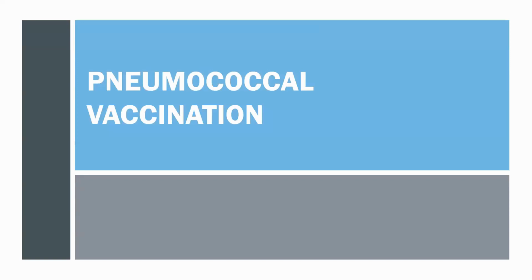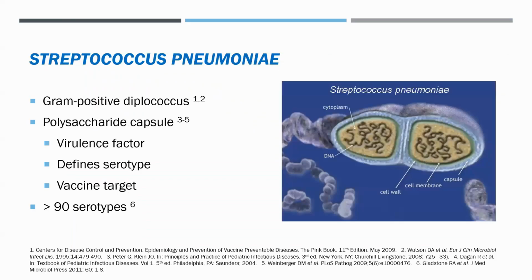So let's turn to pneumococcal vaccination. We know that Streptococcus pneumoniae is one of the commonest culprits causing community-acquired pneumonia. This is a gram-positive diplococcus encapsulated by a polysaccharide capsule. This also determines the virulence of the bacteria, as well as defining what a serotype is.